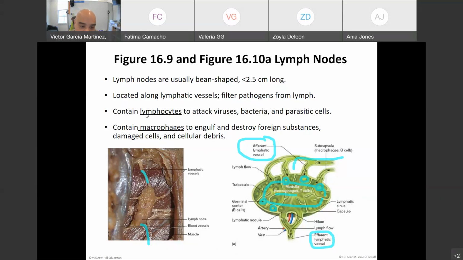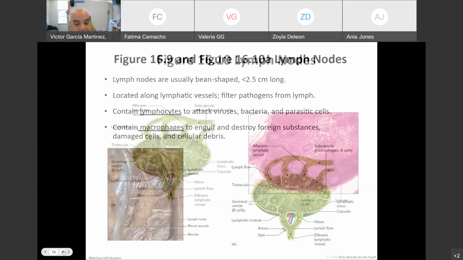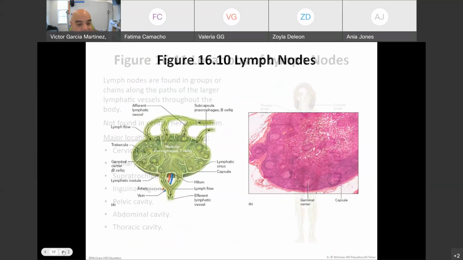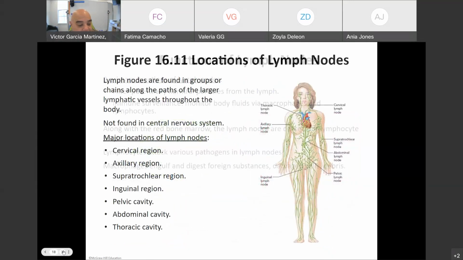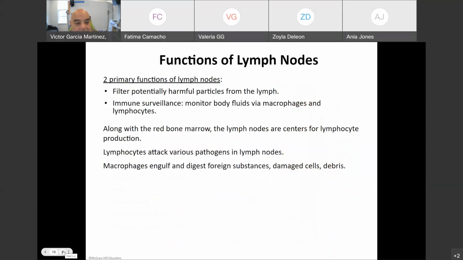Then, guys, we have lymphocytes and macrophages as the main cells to produce immunity and to filter our lymph. After that, I already told you the location. We have the two main functions of these nodes.